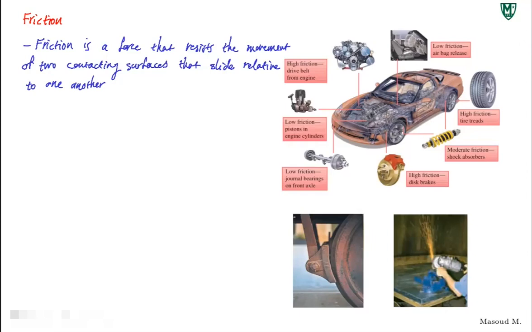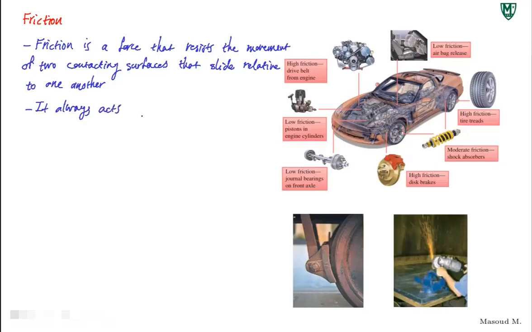So the friction should be put in a way that opposes this motion. If they're moving with respect to each other and this surface goes to the left, friction should be directed to the right, always opposing the motion. It's always trying to stop the motion in nature. Let me put these two also here. These are the things I want you to know about friction before we get into the magnitude of friction.